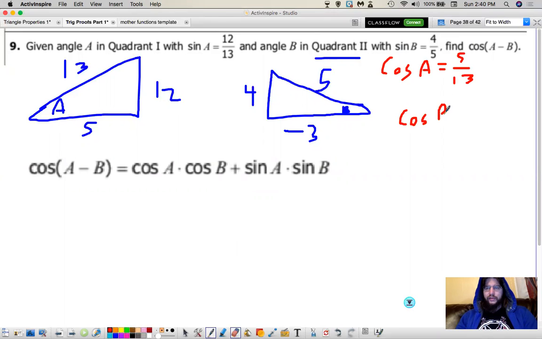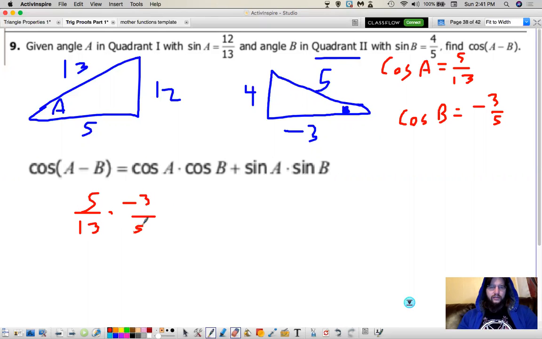Cosine of B, negative 3/5. Now we can plug it in the formula. 5/13 times negative 3/5 plus 12/13 times 4/5.